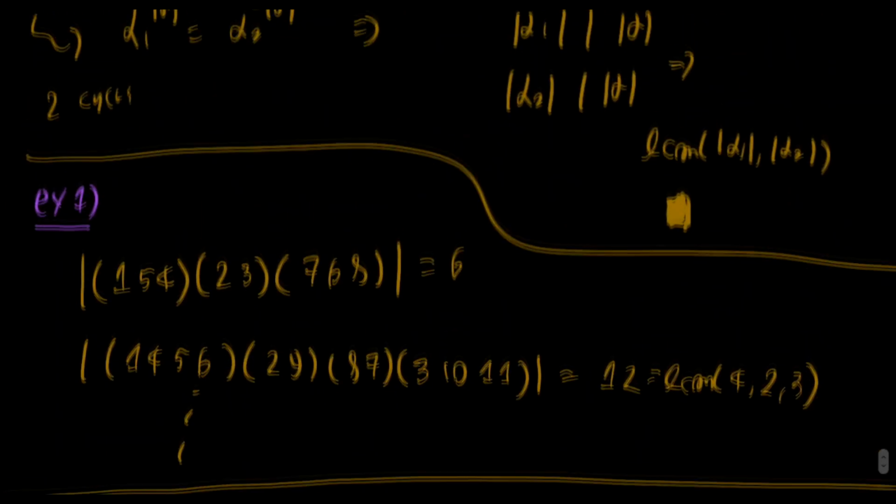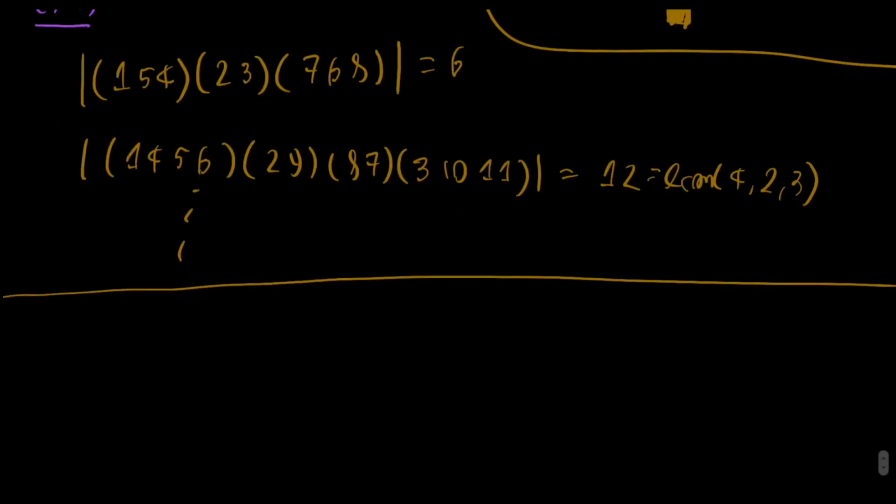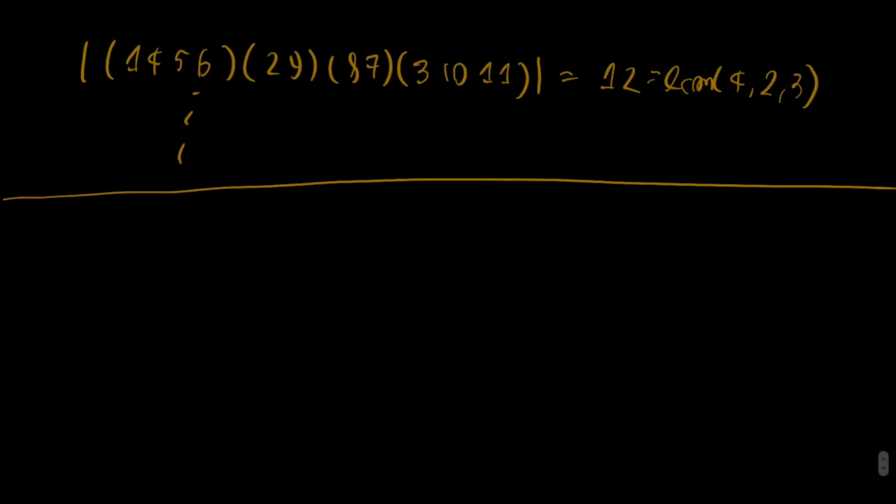And now, the last things that we need to say about permutations is, of course, the important notion of the parity of a permutation. But before we introduce the notion of parity, let's first prove an important theorem, and that is that every permutation can also be written in terms of a product of 2 cycles.